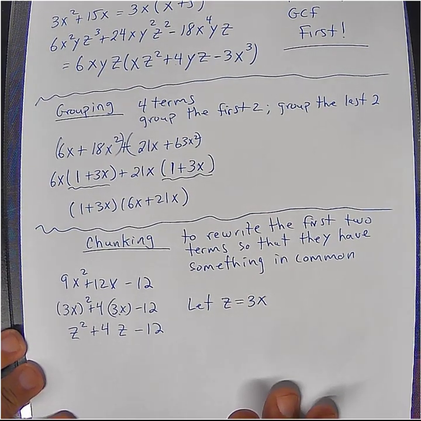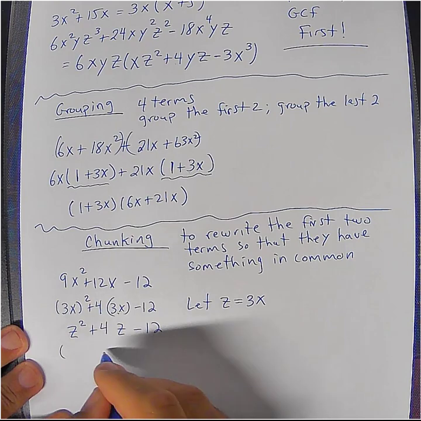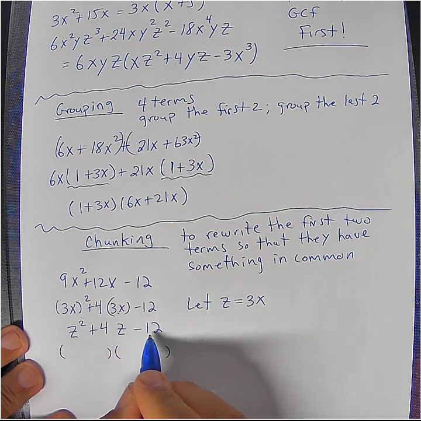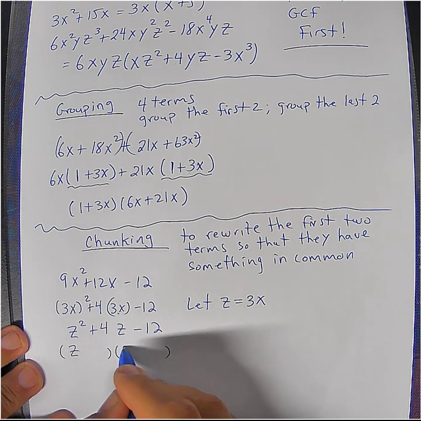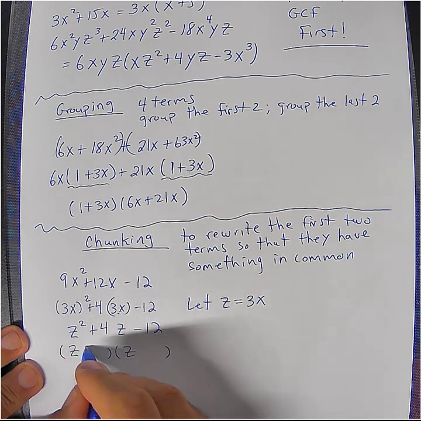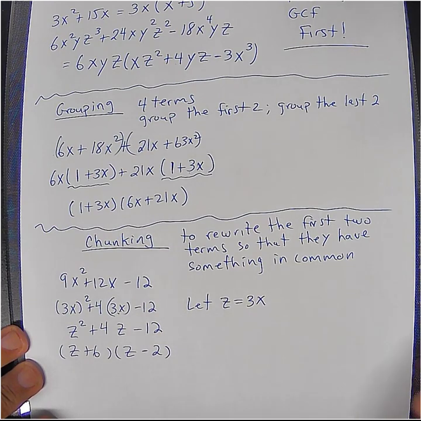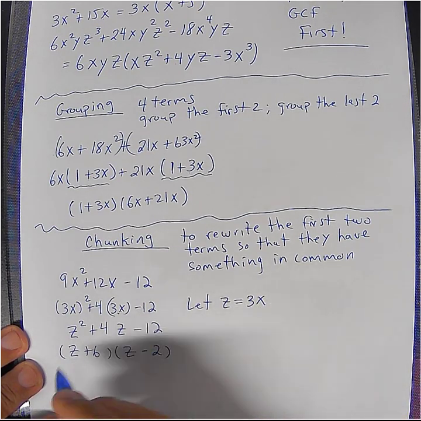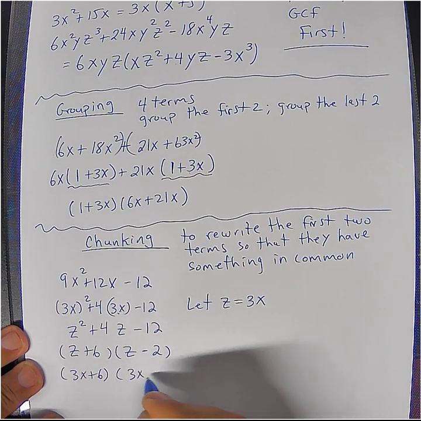And now that looks like when a is 1. So when I multiply, gives me a negative 12. When I add, gives me a positive 4. And that is a positive 6 and a negative 2. But we know what z is. Z is 3x. So this is 3x plus 6 and 3x minus 2.